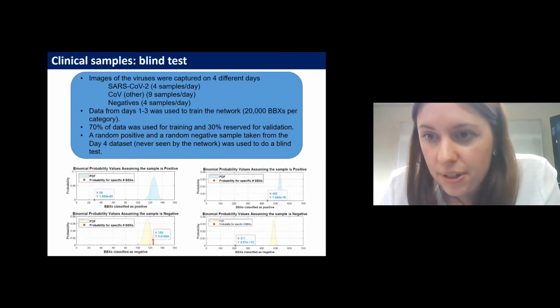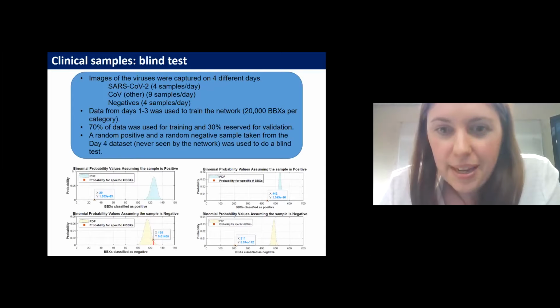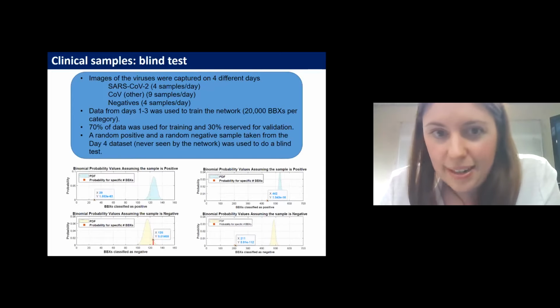And we were able to show that samples that were positive were predicted as positive, and those that were negative were predicted as negative. This is very preliminary, like I said, we need to repeat this on a lot more samples, but that's pretty exciting. So this is the basis of the clinical test that we're trying to develop.